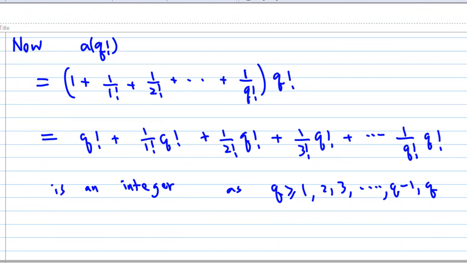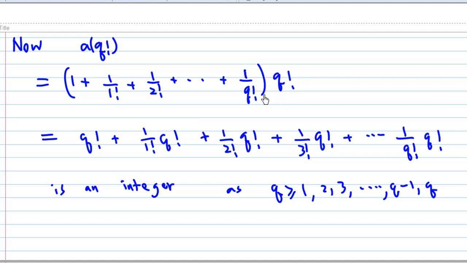Now observe that a times q factorial is (1 plus 1 over 1 factorial plus 1 over 2 factorial plus, and the last term of a is 1 over q factorial) times q factorial. Now multiply the whole expression in the bracket by q factorial.